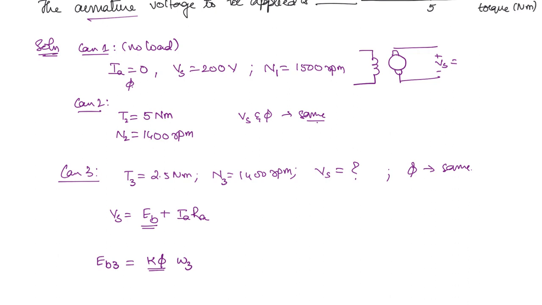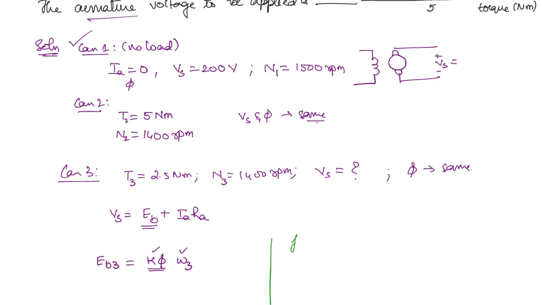Now K phi is a constant which is not known. Omega 3 is 2 pi N3 by 60. So you have to find K phi. You can find it from case 1, because the back EMF in case 1 will be equal to the supply voltage since the armature current is 0, so there will be no armature drop.